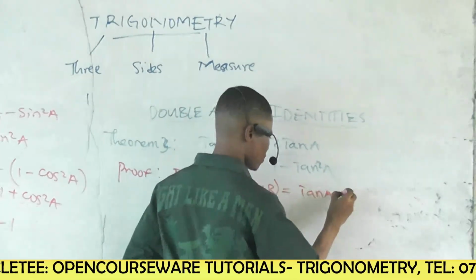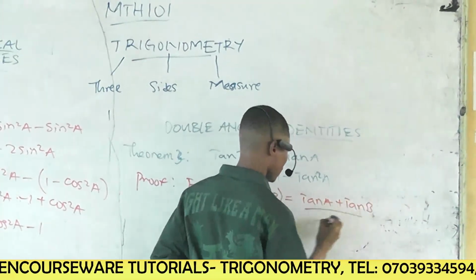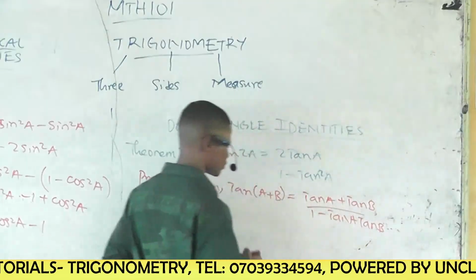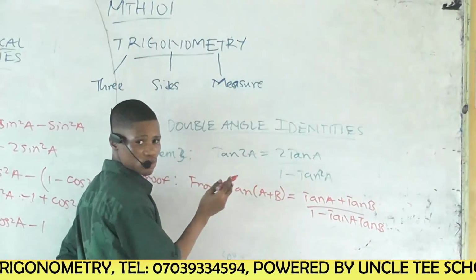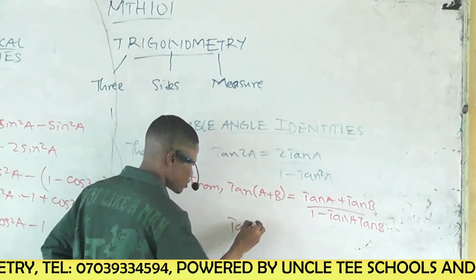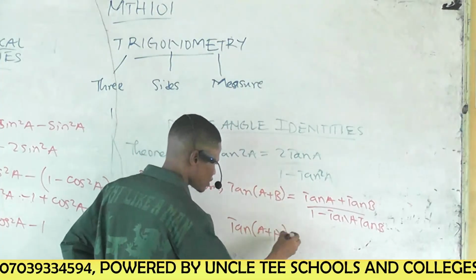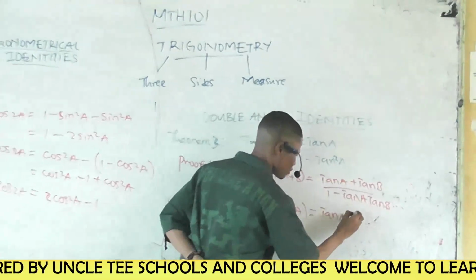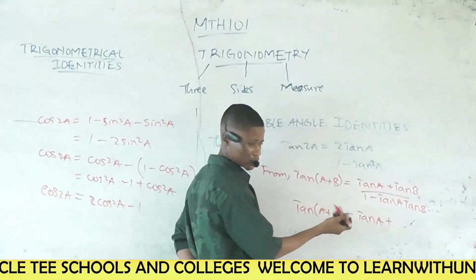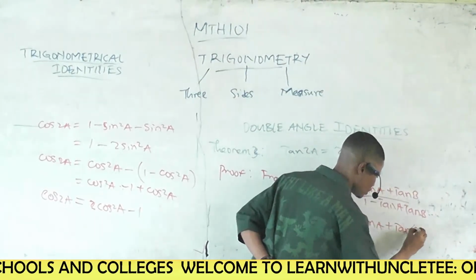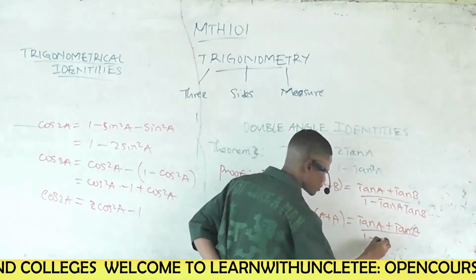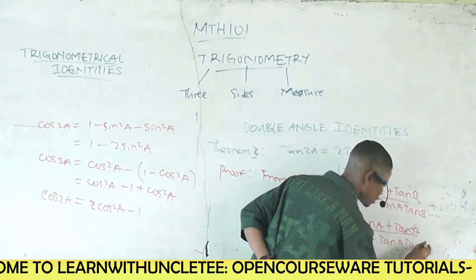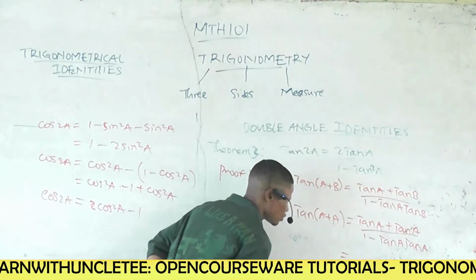Tan A plus tan B over 1 minus tan A tan B. Now, you can represent this 2A as tan A plus A, equal to tan A plus tan A over 1 minus tan A tan A. So this will definitely give you what?